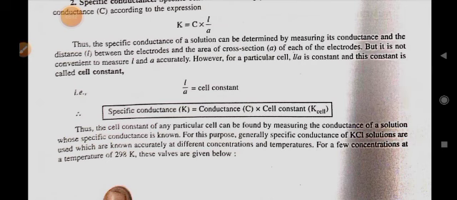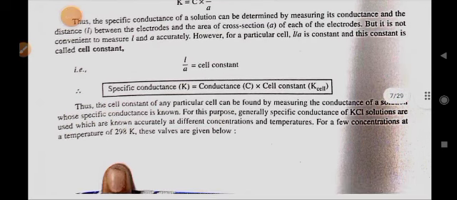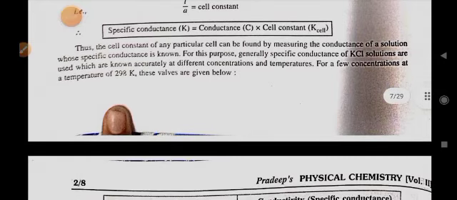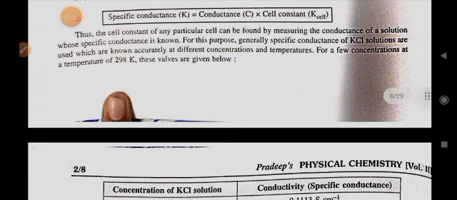L by A is equal to the cell constant. Specific conductance is equal to conductance into cell constant. Thus, the cell constant of any particular cell can be found by measuring the conductance of a solution whose specific conductance is known. For this purpose, generally the specific conductances of KCl solutions are used, which are known accurately at different concentrations and temperatures. For a few concentrations at a temperature of 298 Kelvin, these values are given below.